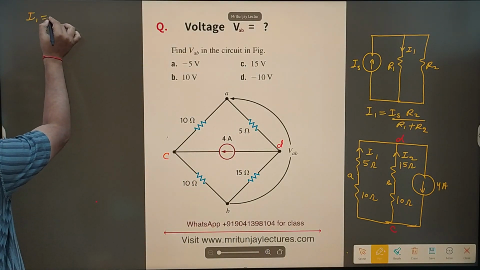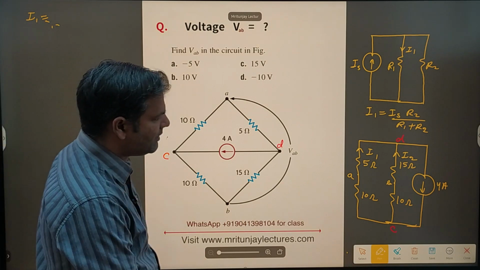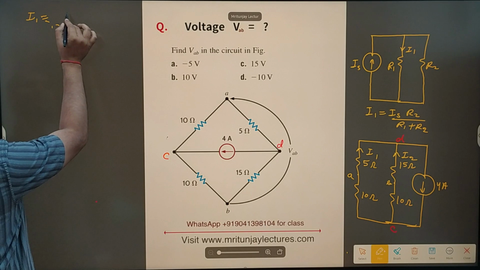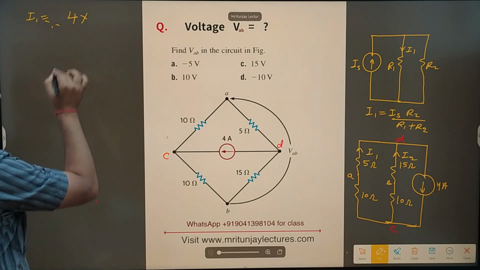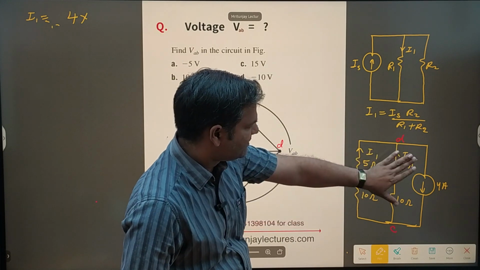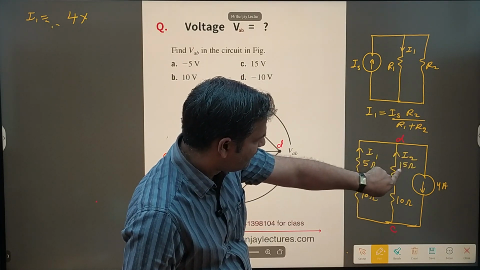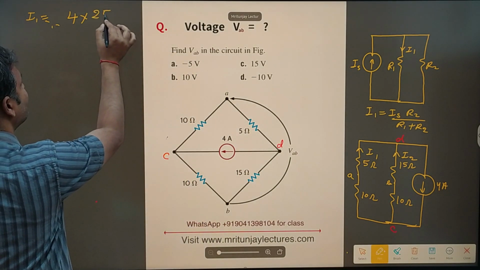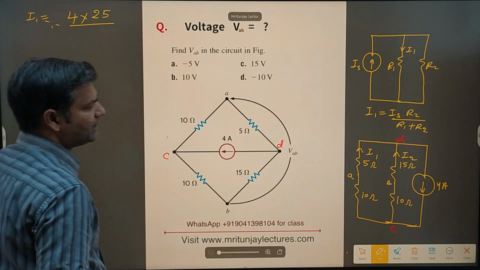What about I1? I1 is simply how much? 4 into the sum of these two resistances, 15 plus 10, 25 ohm, divided by how much?